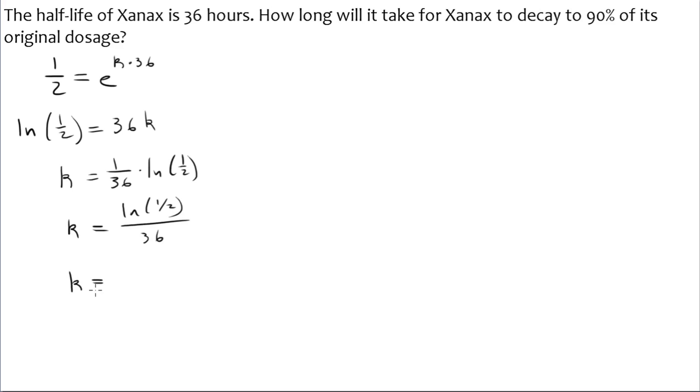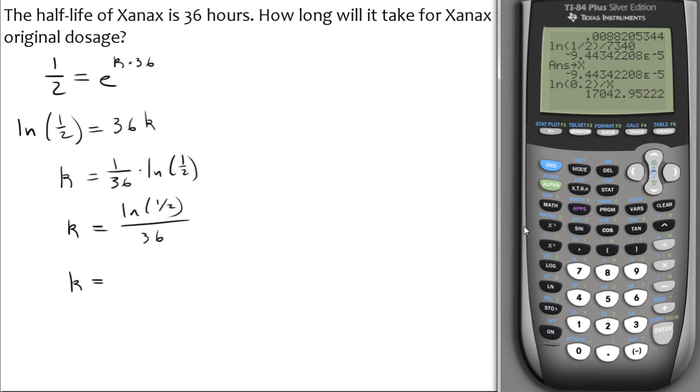I'm going to find that in my calculator by taking the natural log of 1/2, dividing it by 36, and storing that as my variable.